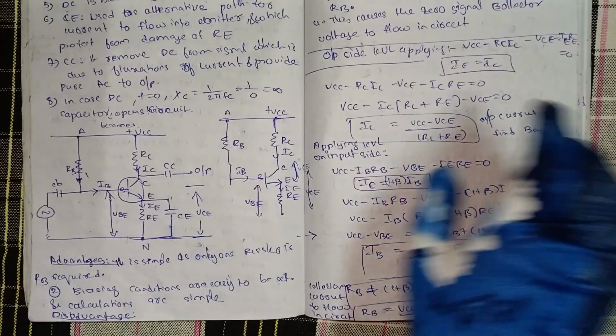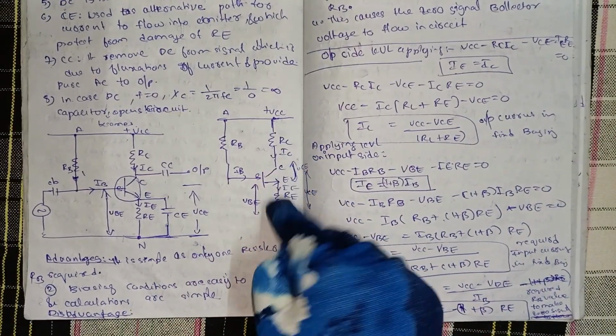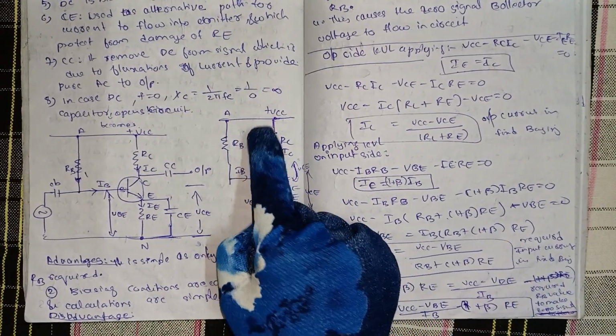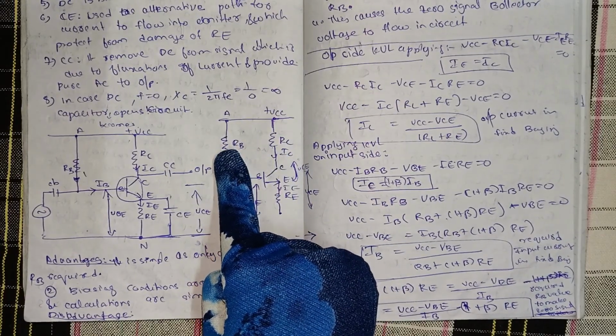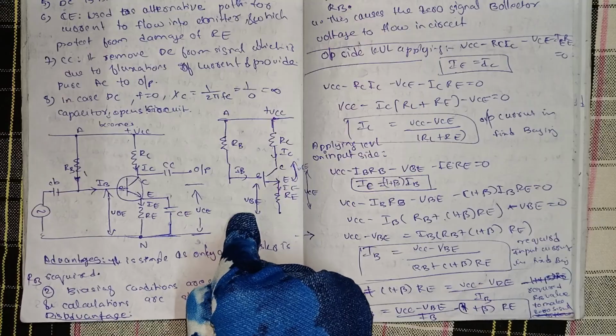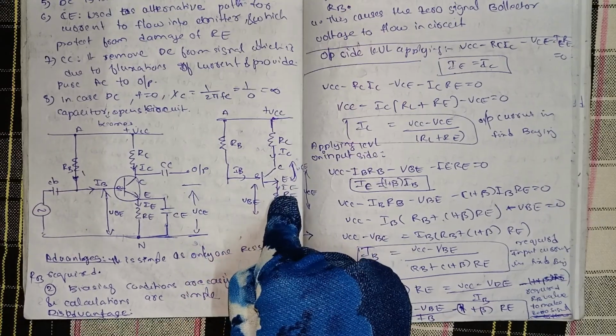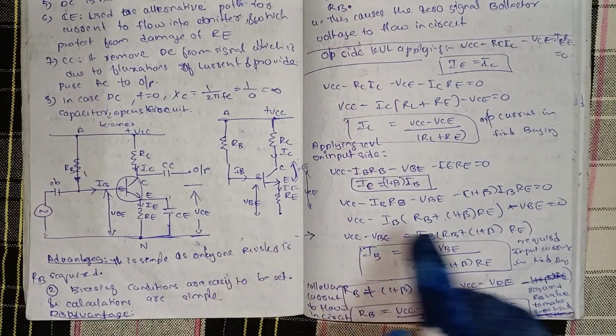This is the output side, and this is the input side. VCC minus IB RB minus VBE minus IE RE.